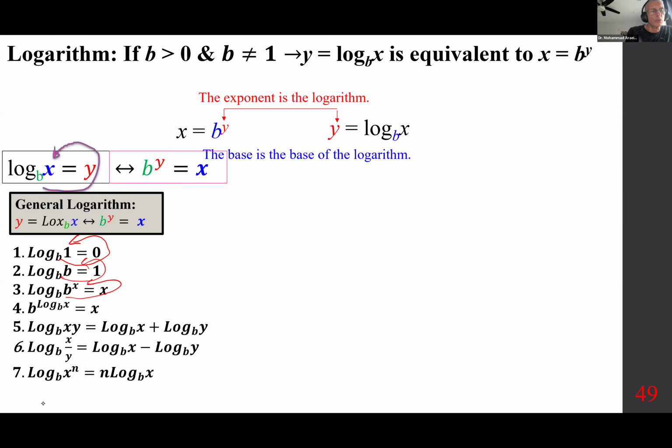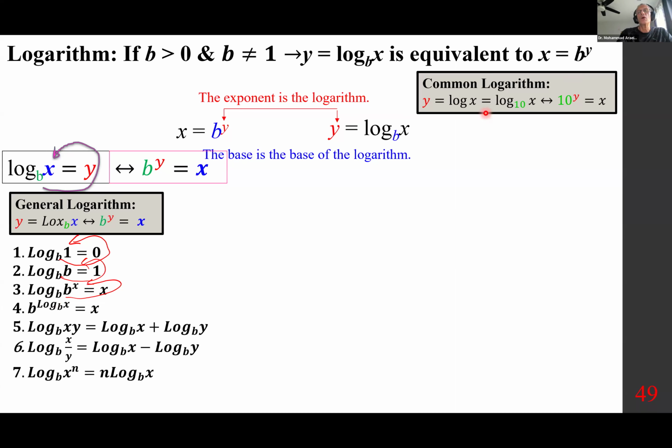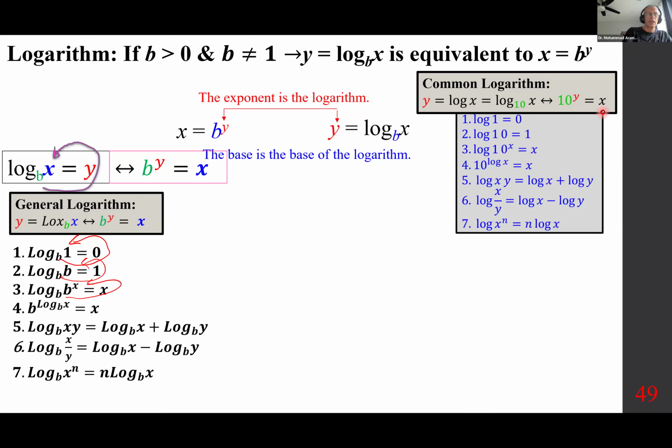Now, what happens when we go to specific cases? For example, in the case of a common log, the base is 10. So log x base 10, then we don't write it as such. We just write it as log x, which means 10 to the power of y is x. And these properties, you should be able to see how we can go from the general case for a specific case where the base is 10.